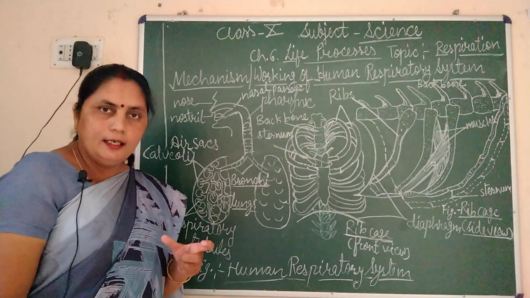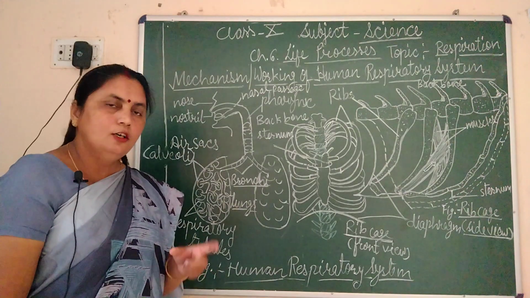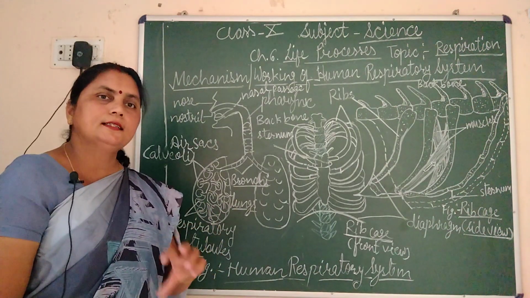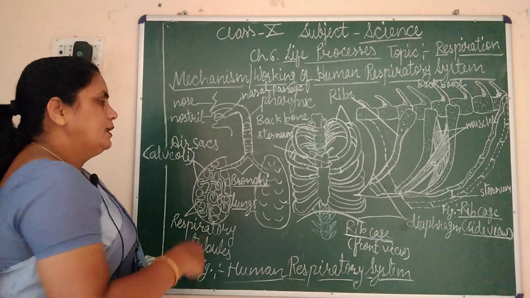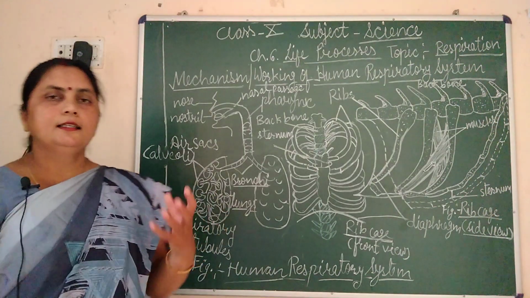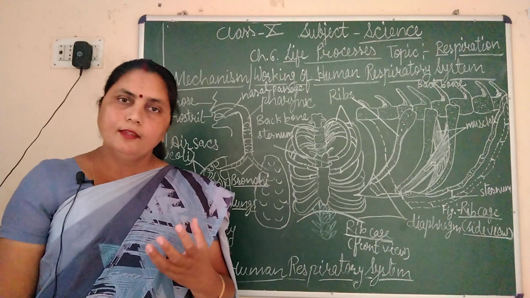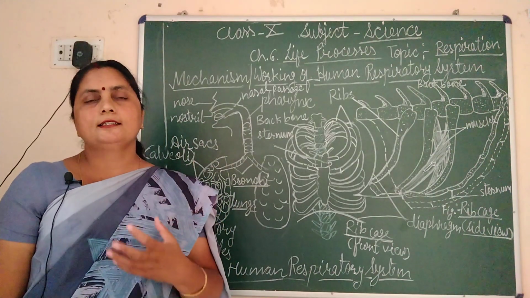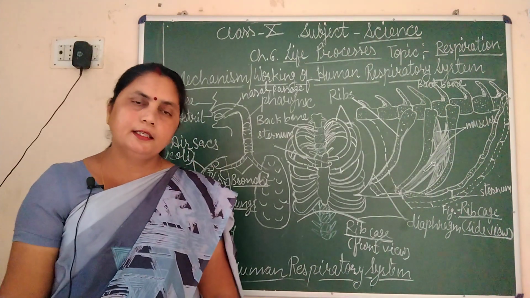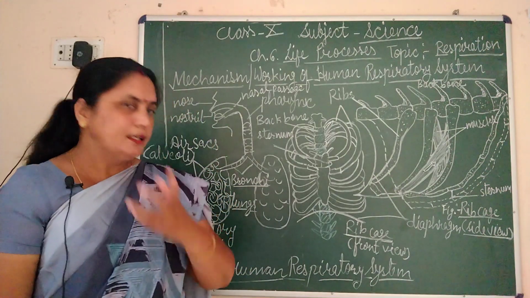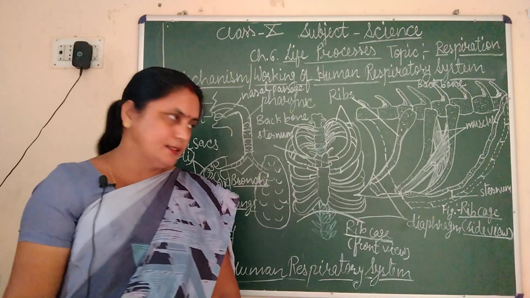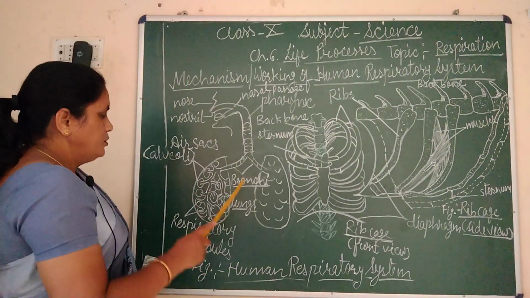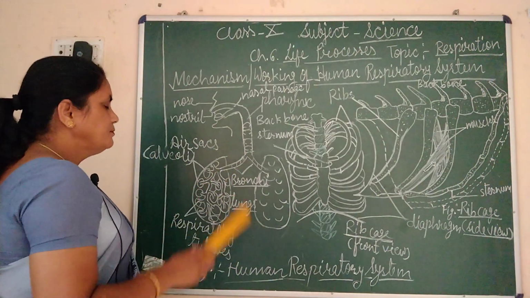Singular is alveolus or air sac, plural is air sacs or alveoli, and these alveoli are always filled with air and their walls are very thin, and in this thin wall there is a dense network of blood capillaries, and blood capillaries are filled with blood and they help in exchange of gases. Now children, this is done.